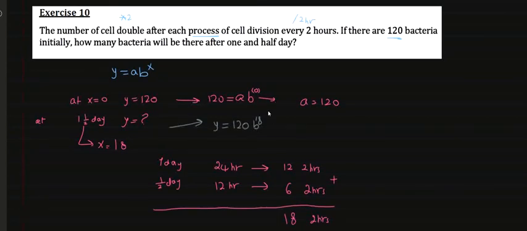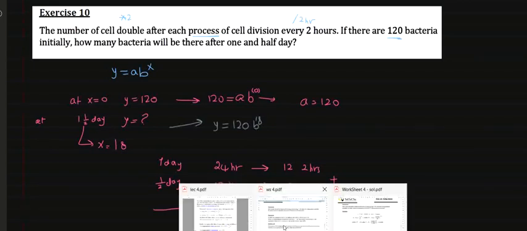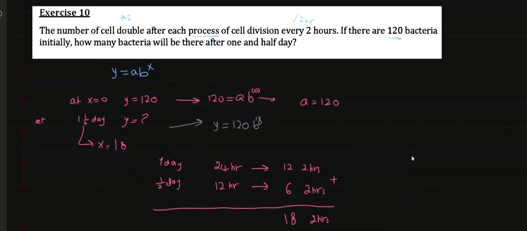What is here raised to the power of 18? We will repeat 18 times the 2 hours, right? So here we might say that Y is 120 with the 18 doublings. So we directly calculate this amount to get the number required for bacteria.